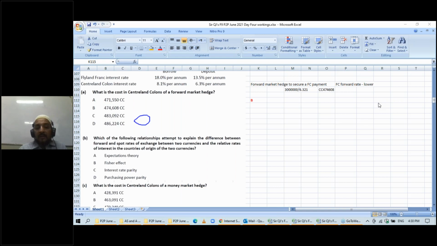Purchasing power parity theorem is used in predicting the future spot rate, not the forward rate. They are talking about the forward rate. The question says, which of the following relationships attempt to explain the difference between the forward and the spot rates of exchange between two currencies and the relative rates of interest in the countries of origin of the two currencies.